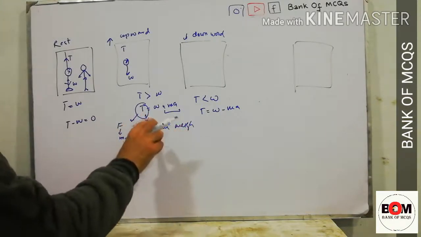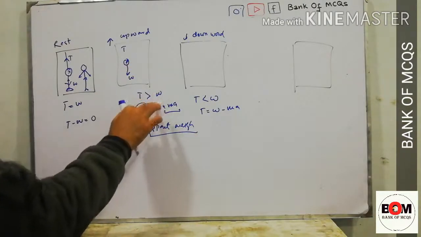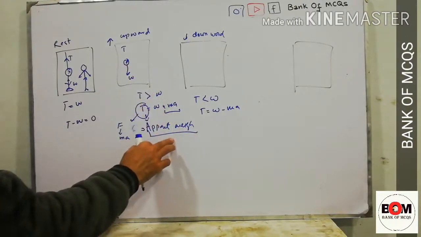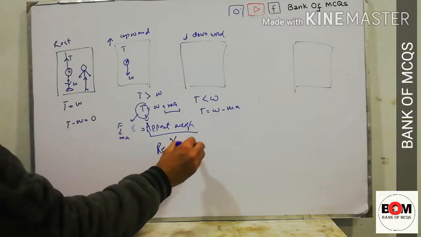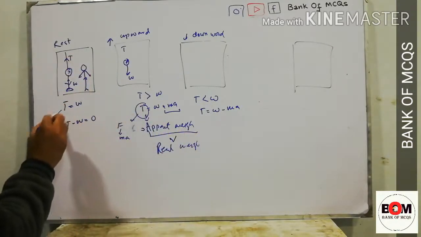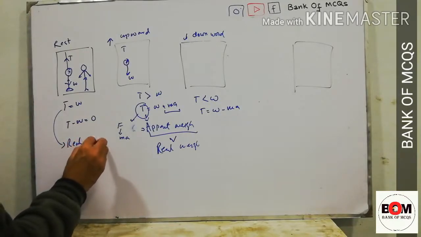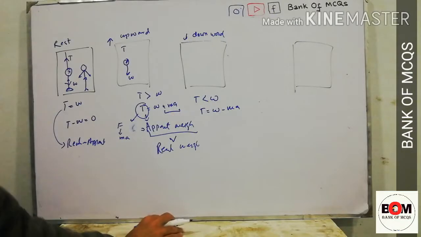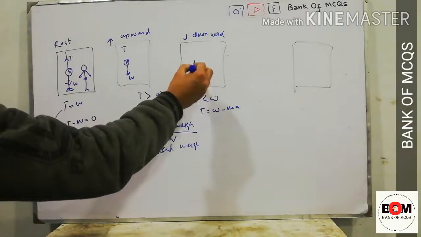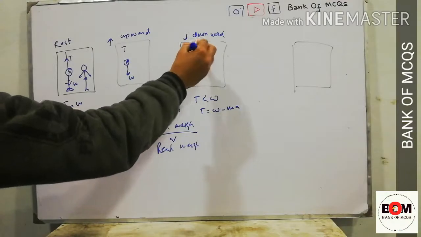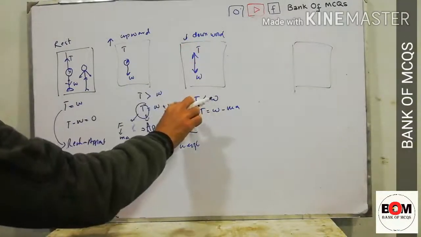So tension shows us the apparent weight. In this case T is greater than W, so the apparent weight is greater than the real weight. At rest, tension is equal to W, so the real weight is equal to the apparent weight. When the lift is moving downward, weight is acting downward and tension upward.